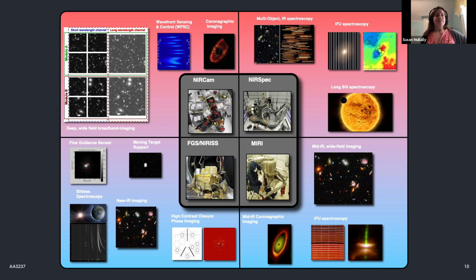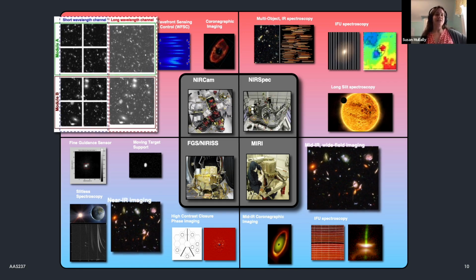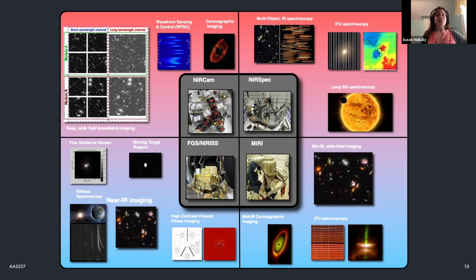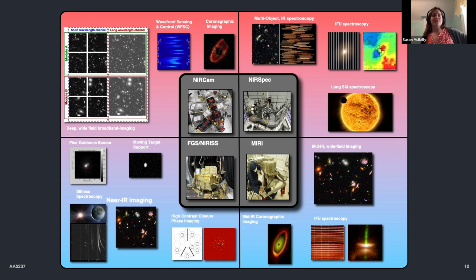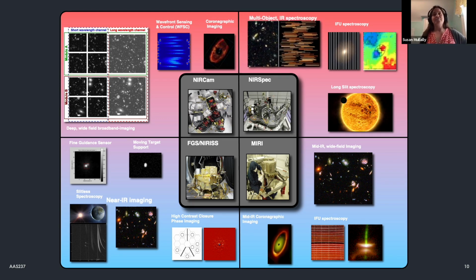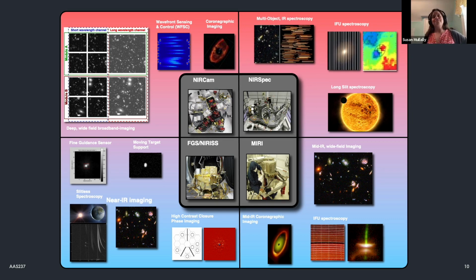If you're interested in imaging, you can find that on NIRCam, MIRI, and NIRISS. If you want to do coronagraphic imaging and look for things like dust and exoplanets around nearby stars, you can do that in the near and mid infrared with NIRCam and MIRI. There is a multi-object spectroscopy mode: the MSA, multi-shutter assembly, allows you to put slits exactly where you want on top of your objects and get dozens or hundreds of spectra all at once.